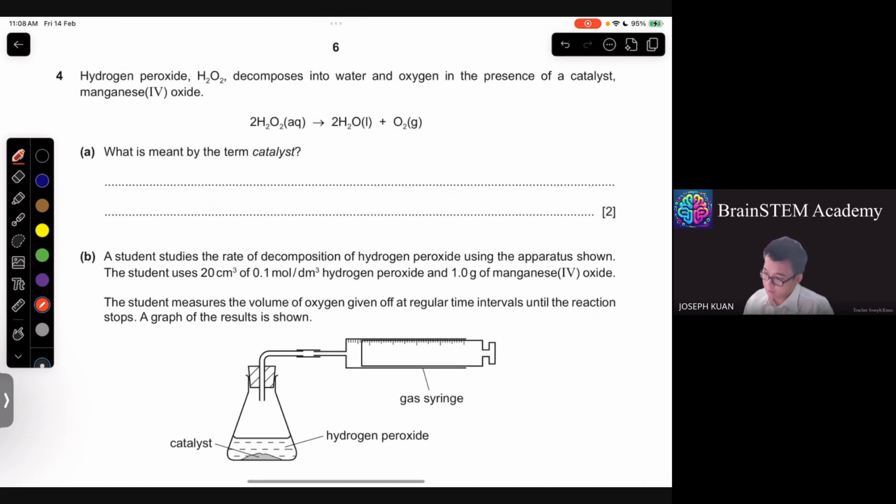Next, hydrogen peroxide decomposes into water and oxygen in the presence of a catalyst, manganese(IV) oxide. What is meant by the term catalyst?